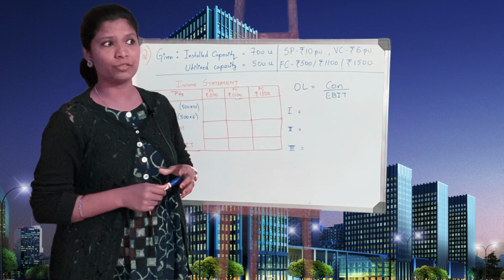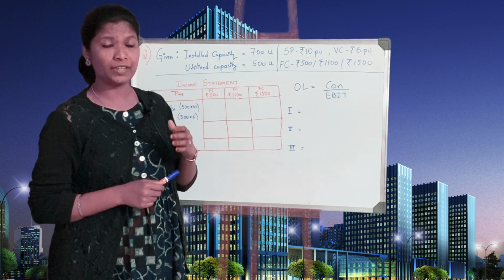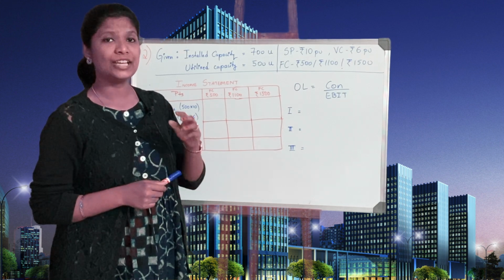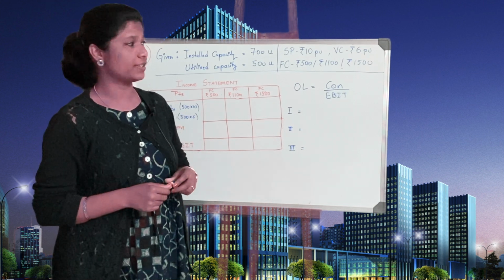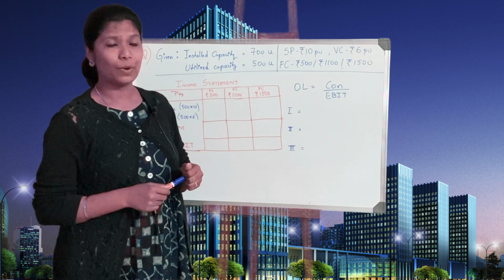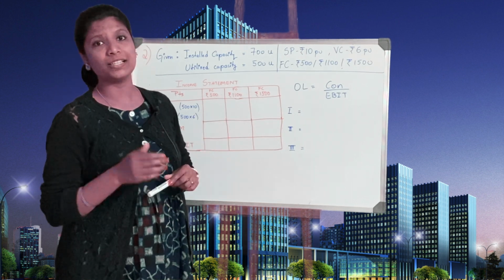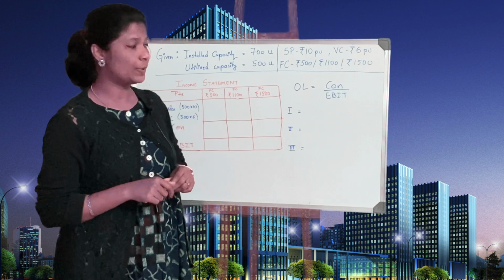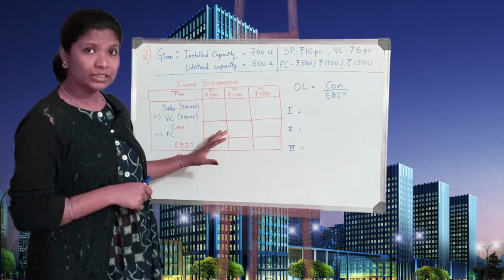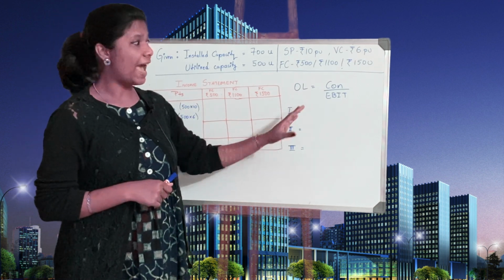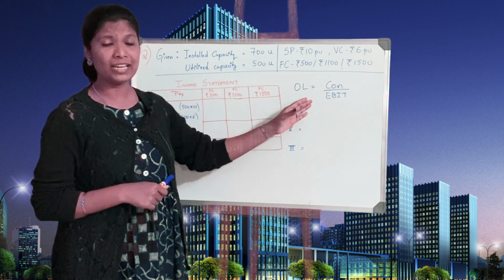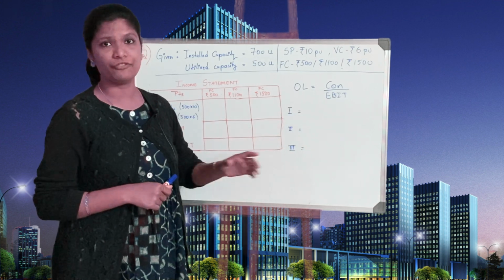We need to find out the operating leverage at 3 levels of fixed cost. One is 500, one is 1100, and one is 1500. So we need to have the income statement for all the 3 levels of fixed cost and then find out the operating leverage at all the 3 levels of fixed cost.